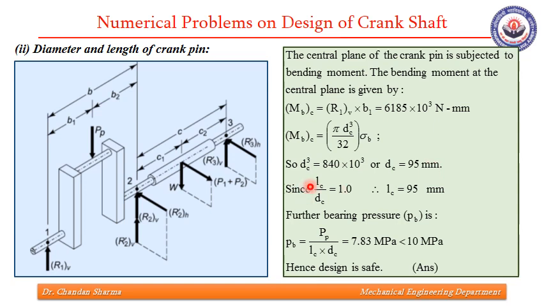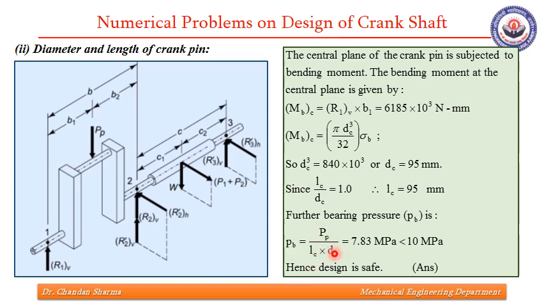Since LC by DC is given to us, which is 1, LC will be equal to DC, which is 95 mm. Further, we need to check whether the dimensions that we have obtained for length and diameter of the crank pin are okay from the point of view of bearing pressure. So we have calculated the bearing pressure, which is load over projected area.